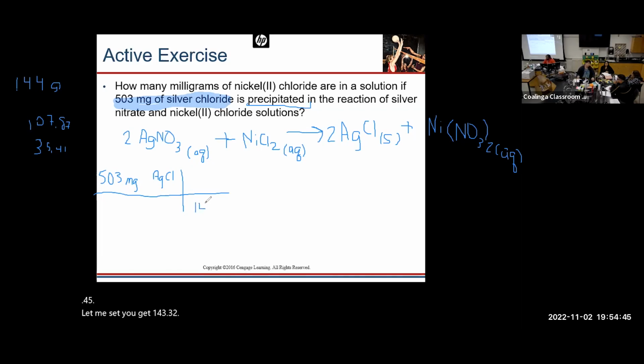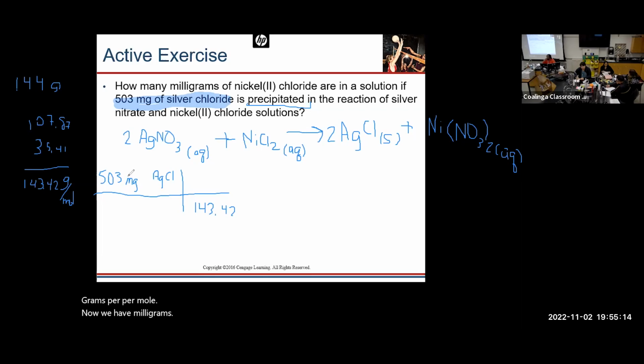Okay, so we got 143.40. And units normally is what? Grams per mole. Right?